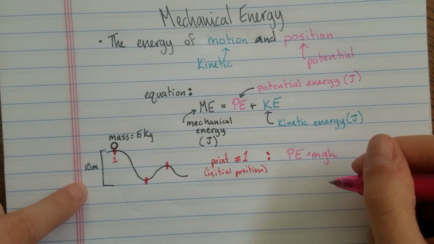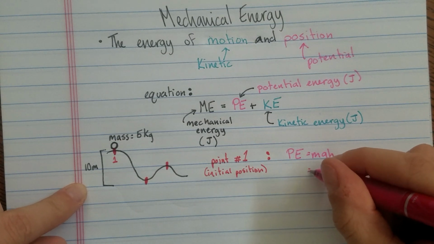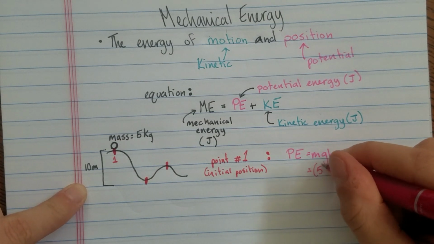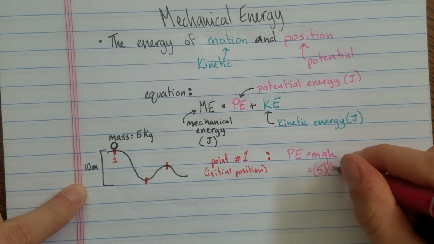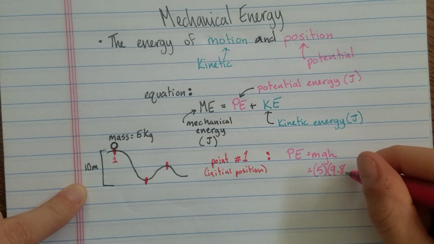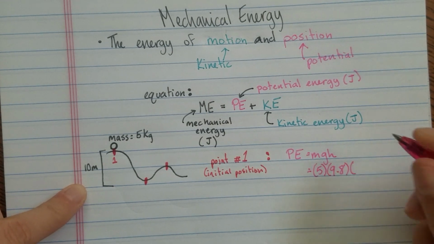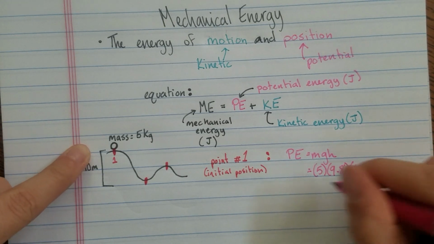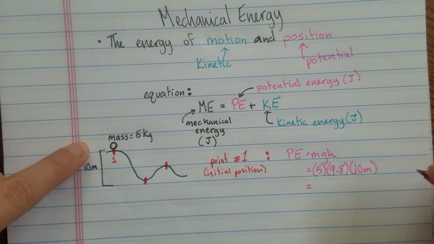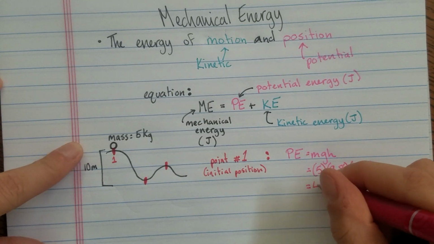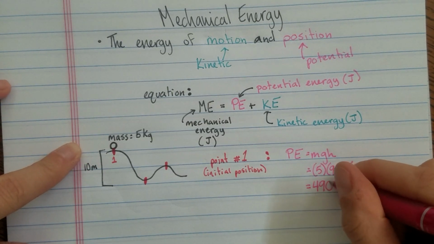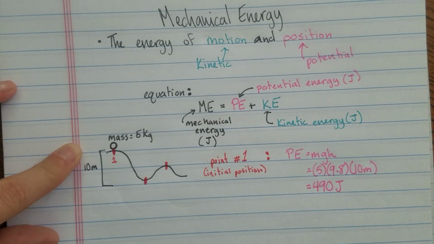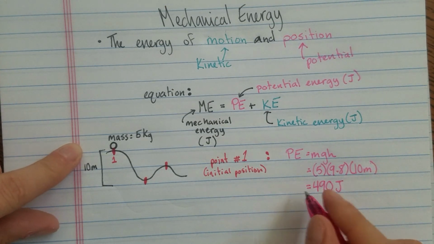I'll come right back over here to my drawing to find those things. My mass is 5 kilograms. Gravity is 9.8 meters per second squared. And I'm going to start at a height of 10 meters. When I plug all of that in on the calculator, my potential energy is going to be equal to 490 joules.